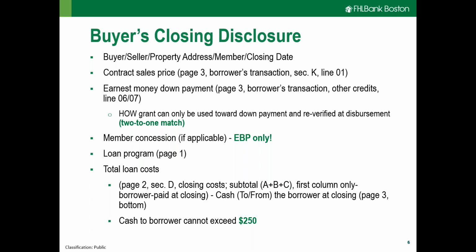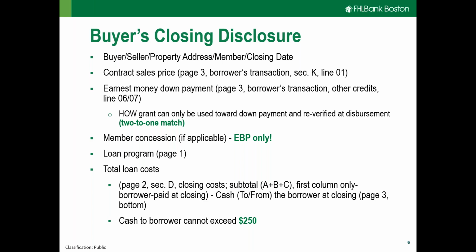We're looking at your total loan costs. This is because the Federal Housing Finance Agency has something carefully written into our regulation that says we need to look and deem that the closing costs are reasonable.